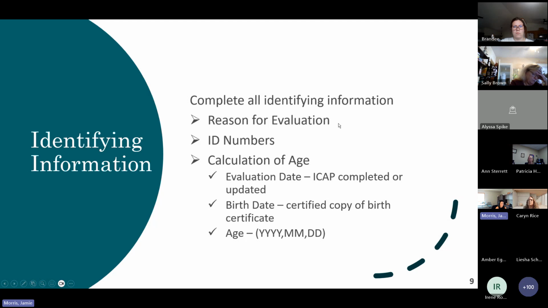So I already talked about the reason for the evaluation. We're still on that front page. Now we're moving on to after we do the reason, which is that brief summary. We're going to move over to the right-hand side in those boxes that are outlined in maroon or burgundy. And these are all the ID numbers that are associated to this individual. So ID numbers are, if we look at the very first one at the top, is called the client ID.